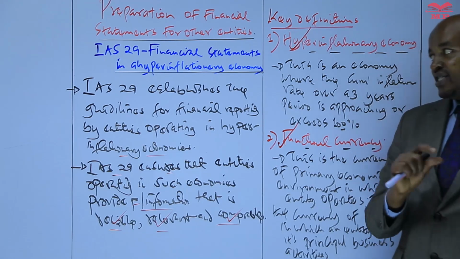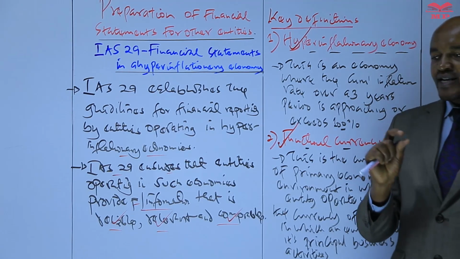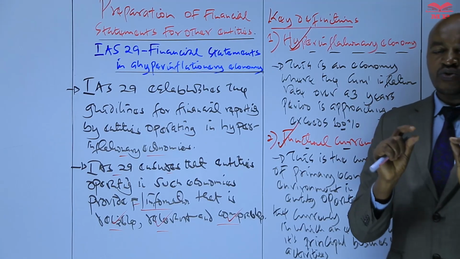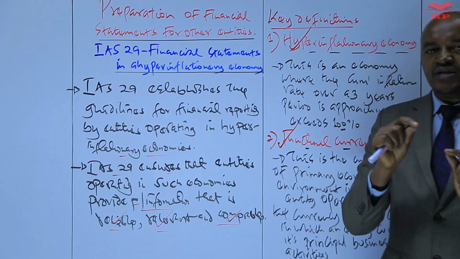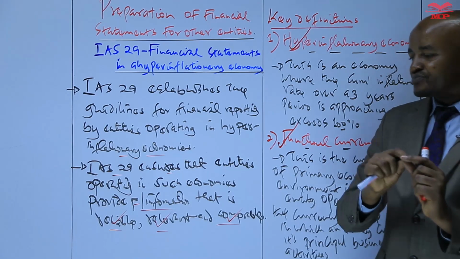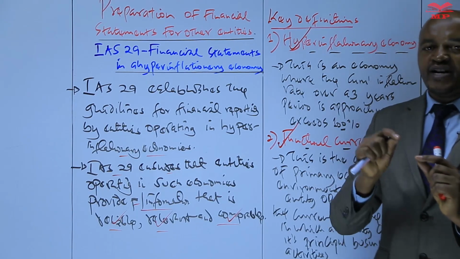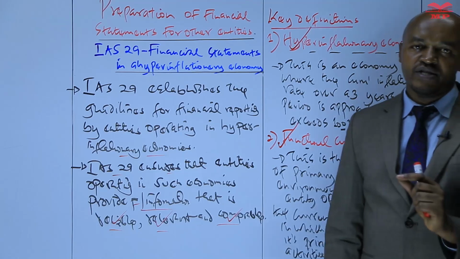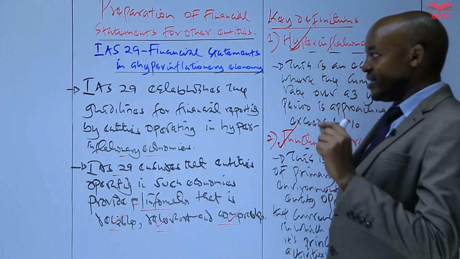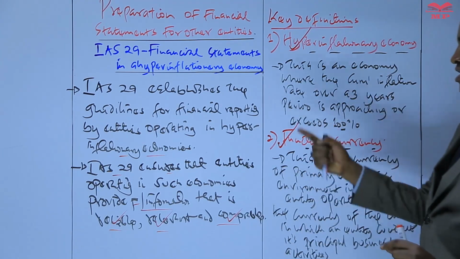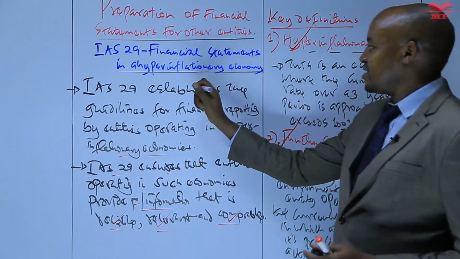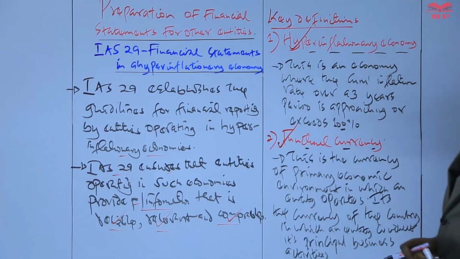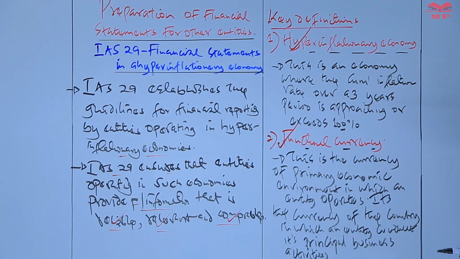So what this standard requires is that the asset which was bought at a cost of 2 million must be restated to reflect the current market value of the same asset today. And in terms of how the company should do that, the company is guided by this standard, International Accounting Standard number 29.